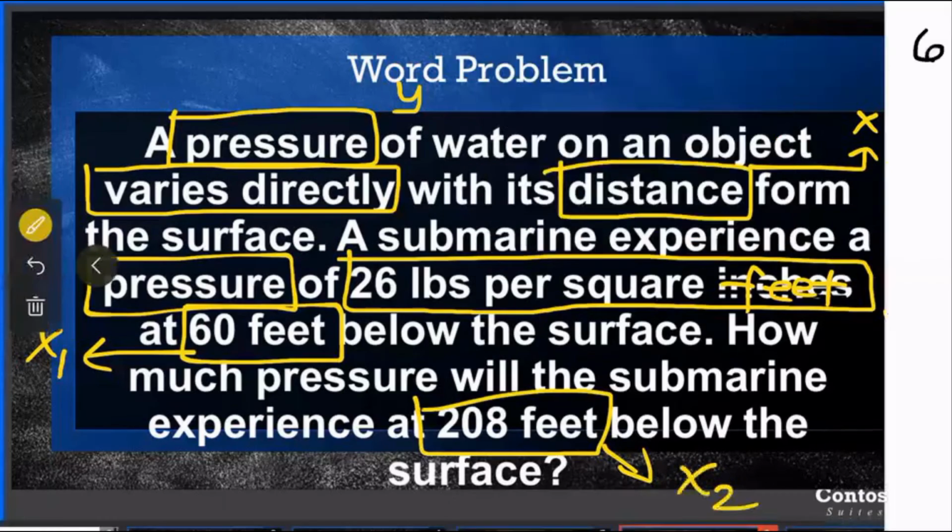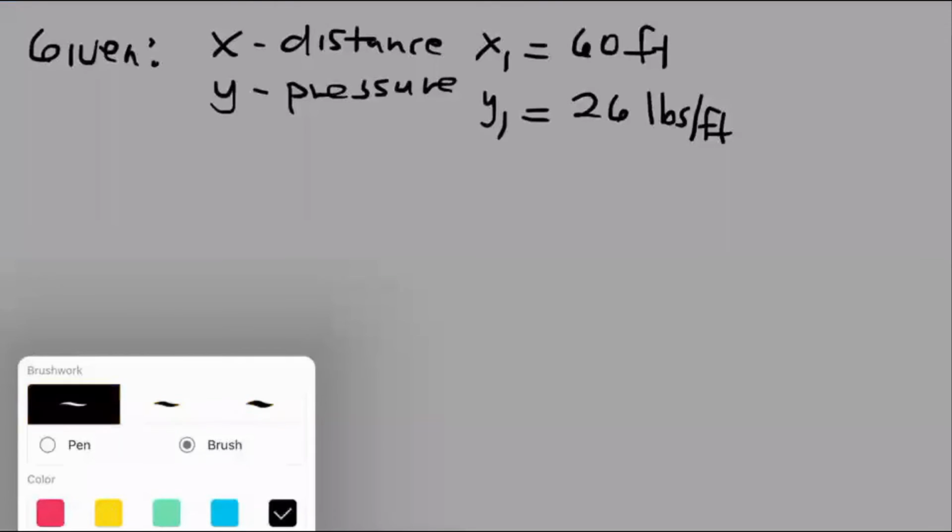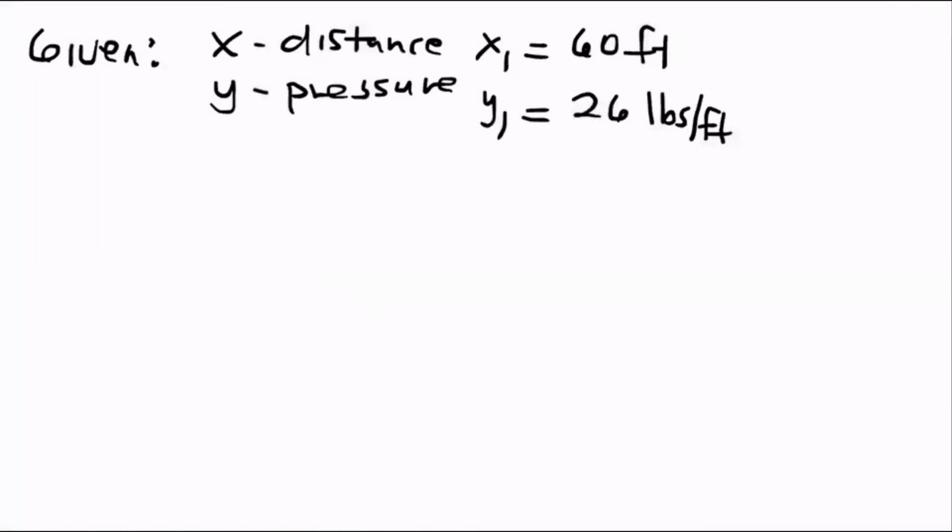So we have, sabi doon, X sub 1 is 60 feet and X sub 2 natin is we have 208 feet. And we are looking with our Y sub 2 or the pressure below 208 feet.